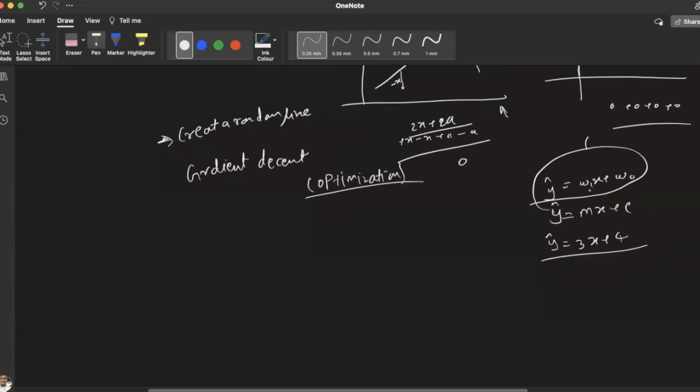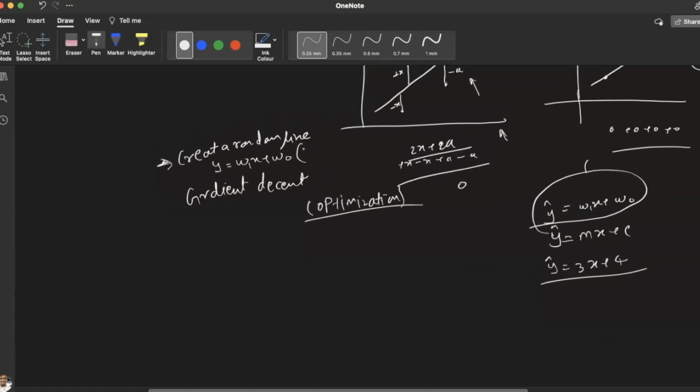Then we randomly select a value for W0 and W1, so W1x plus W0, and we randomly generate the values of W1 and W0. Now, in the last session, somebody was asking why we need to generate random values. Here we are generating random values for the weights. Now it's in our hands.